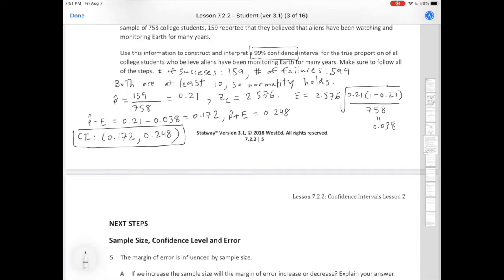However, we need to write it as a sentence. Okay, so how would we write this?